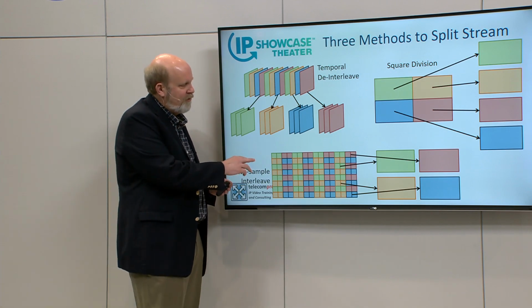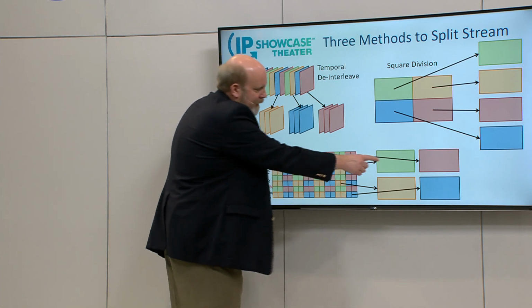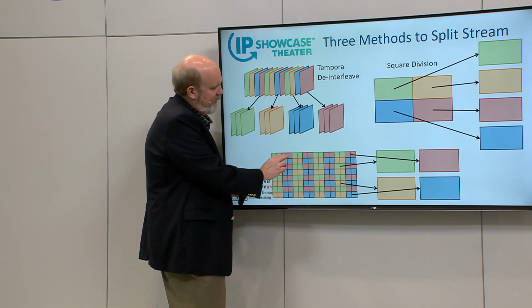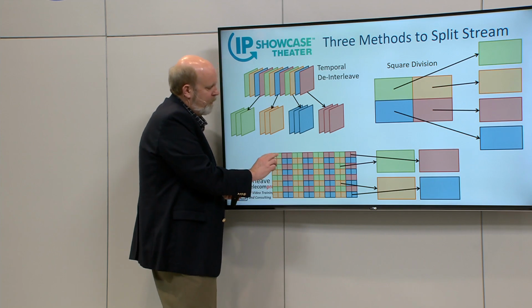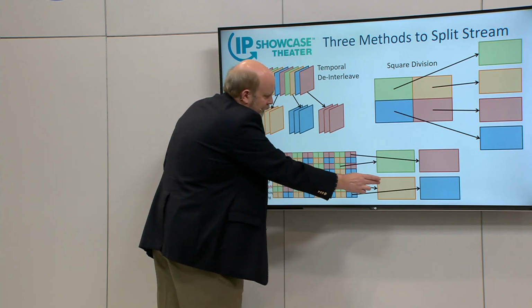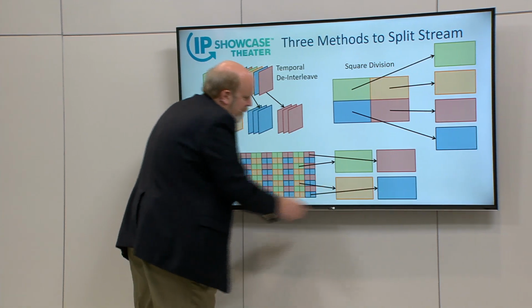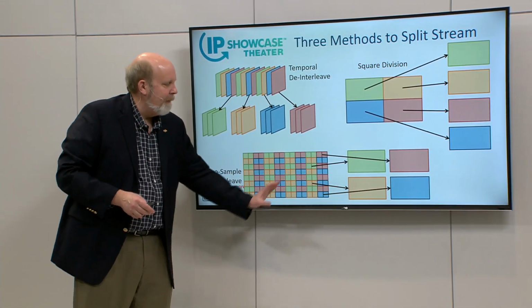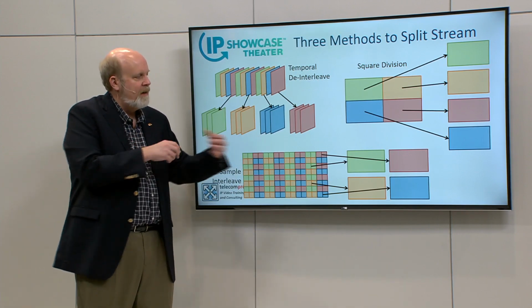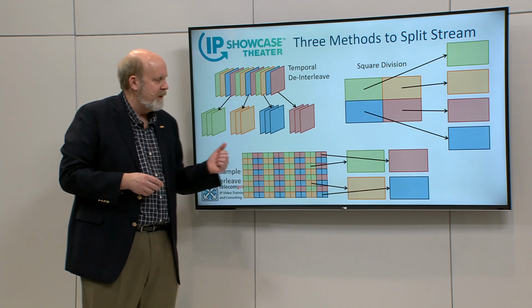Basically, it's called 2-sample interleave. I take 2 pixels from this line and put them in this picture. 2 pixels from the same line, put them in the next picture. 2 pixels from the line below, create a 3rd picture. 2 pixels from that 4th one, create another picture. Now, those 4 pictures together, when you interlace all the pixels, you get your original image.